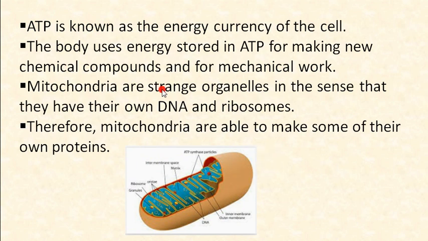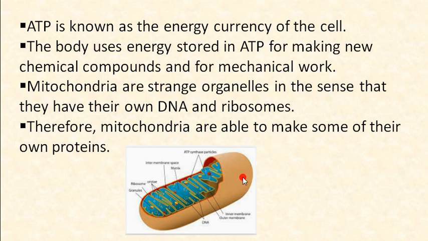Outer membrane is porous. ATP is known as the energy currency of the cell. In India, we have the currency of rupee: 1 rupee, 2 rupees, 3 rupees. And in America, there is the dollar: $1, $2, $3. But ATP is the energy currency of the cell.